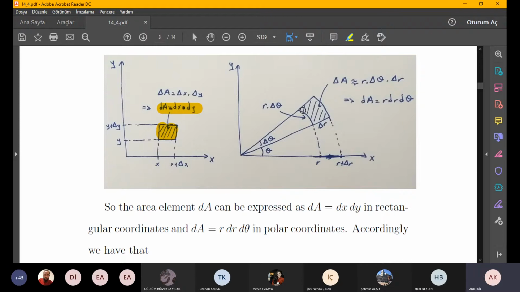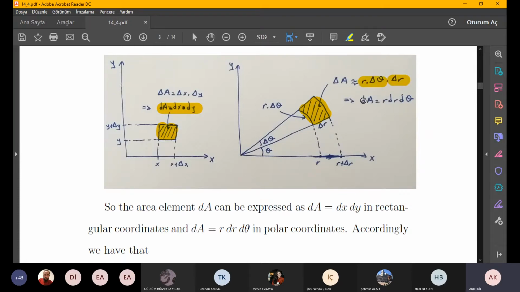And if you look at the second figure, the shaded area, if we call it delta A, is approximately equal to r times delta theta, that is the arc here, times delta r.